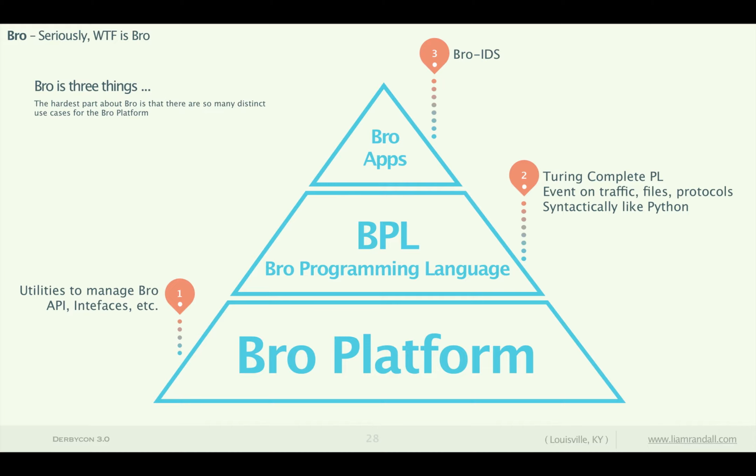And we'll look at what Bro-IDS does in just a minute. But other applications also include use cases for network monitoring, vulnerability management, DLP, traffic analysis, file analysis. And in reality, the thing to keep in mind is that all of these apps are really just Bro scripts written in the Bro programming language.